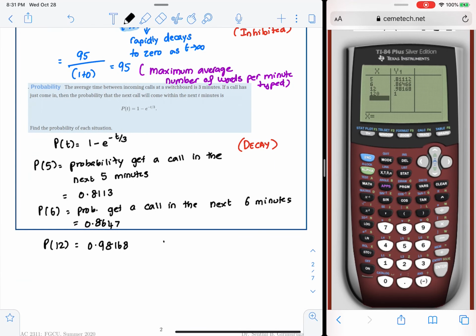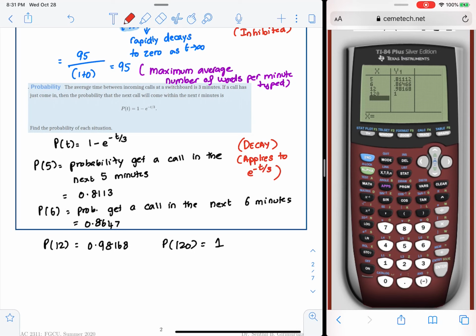So beyond a certain point, the probability is 1. 100% chance of it happening. So the decay part here applies to the e raised minus t over 3 term.